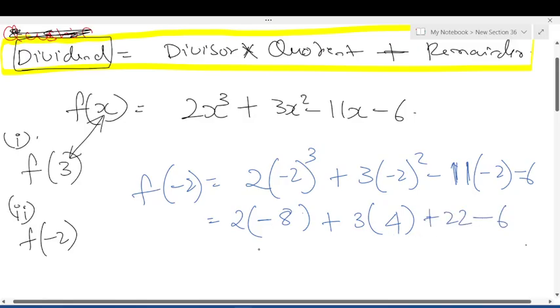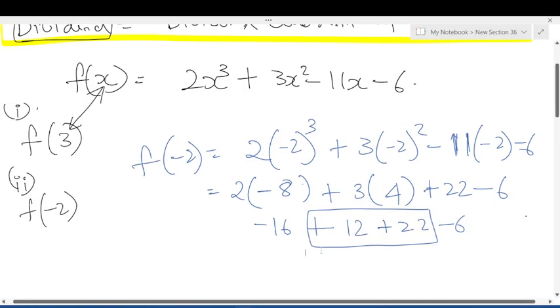Then when you open the bracket, what do you get? Take the positive number and negative number. 12 plus 22 is 34. Minus 6, what do you get? Minus 6 or 32. How much is 16 plus 6?